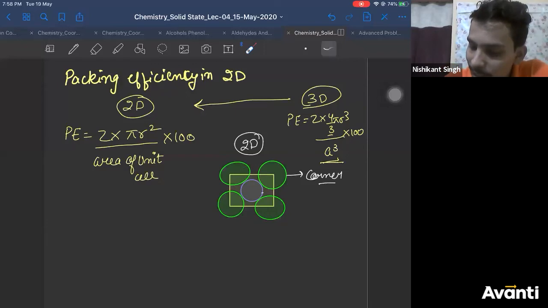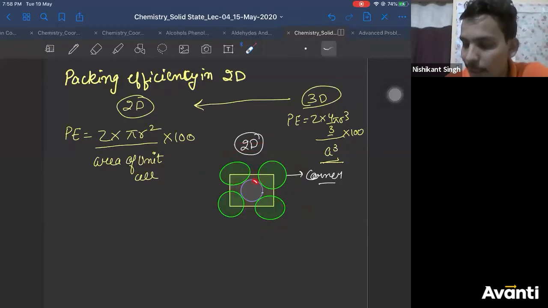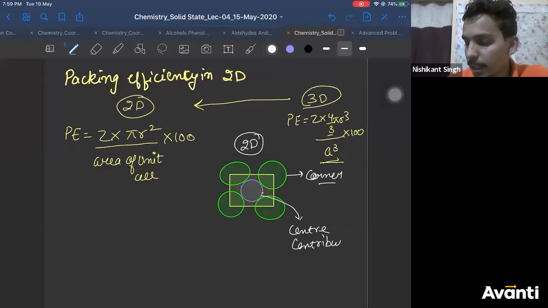This particle is completely present in this square, no? Is it present in the next square? No. Is it present in this square here? No. Is it present in this square here? No. It is completely present in this square. So it is fully present in this square. So contribution of this particle is how much? So this is your center particle. So its contribution is how much? Its contribution here is 1 because this belongs completely to the unit cell. Okay?